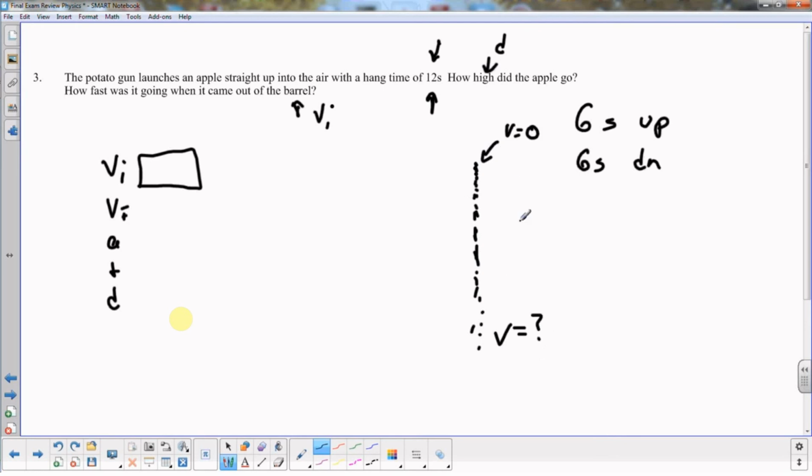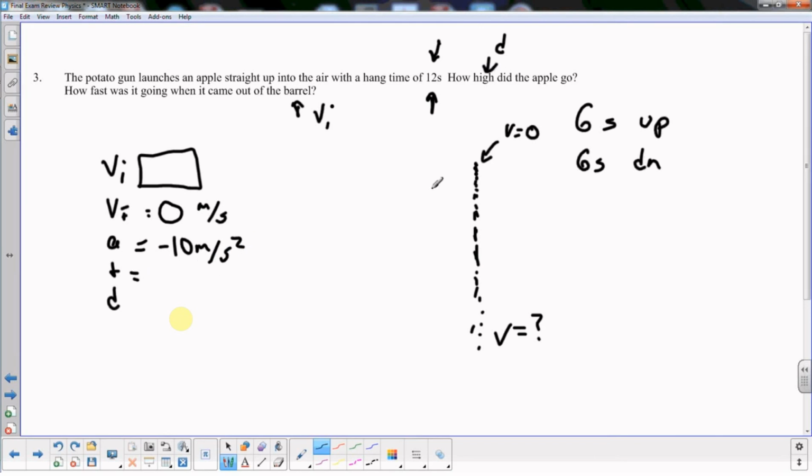So if I'm looking for the initial velocity, okay, it shoots, boom, goes up. The final velocity is going to be 0 meters per second. And I know it got there because the acceleration is slowing it down. Gravity is slowing it down by negative 10 meters per second squared. The time that it took to go from the start to the stop was not 12 seconds, it was 6 seconds.